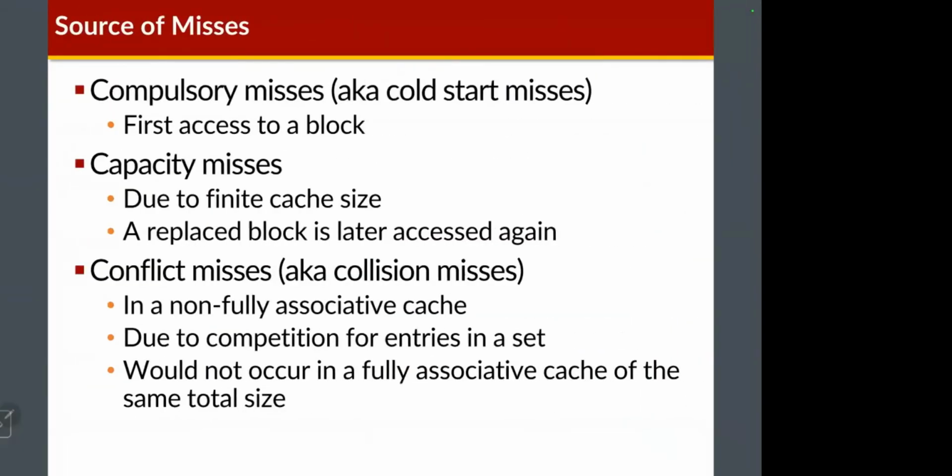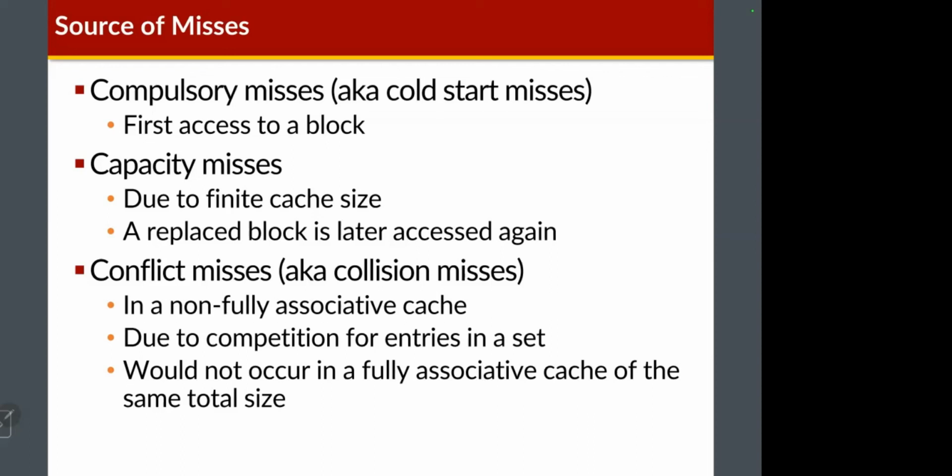This is a somewhat new topic, the sources of misses. We can classify cache misses based on the reasons for misses, which means why a miss occurs in the cache.